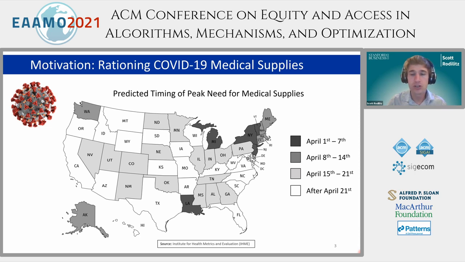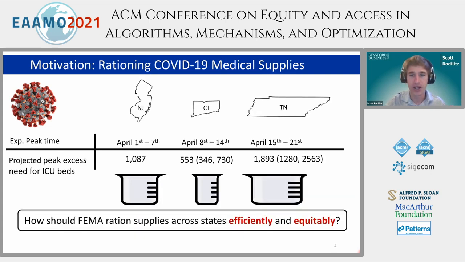So if you put yourself in the shoes of the Federal Emergency Management Agency, which had control of this federal stockpile of emergency medical supplies, you can think about this scenario in the cartoonish introductory example that I showed you. So to be precise, you can think about observing the need that New Jersey has for, say, ICU beds in this first week of April.